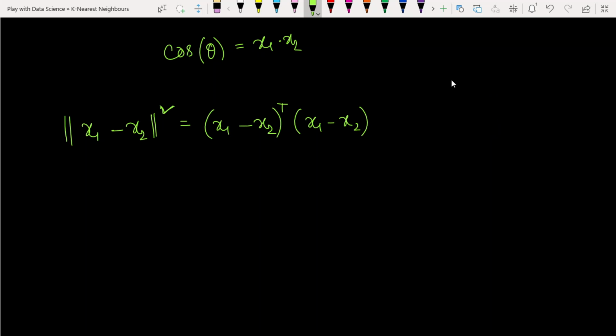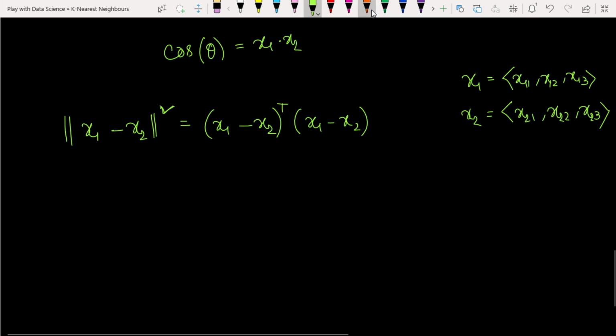Suppose x1 is a 3-dimensional vector, x11, x12, x13, and x2 is x21, x22, x23. Suppose these are our vectors. Now find the difference of these two vectors, x1 minus x2.